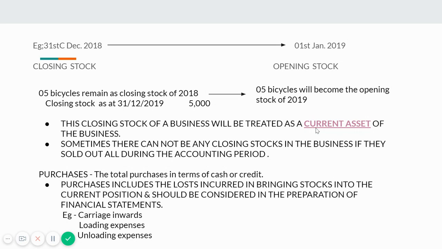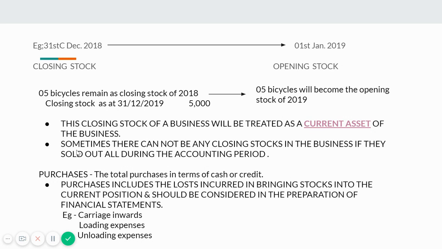We will be keeping them, they will be remaining in our stocks, and that will be treated as a current asset because when the new financial year or the new accounting year starts, the value of the assets is going to change very soon. Therefore, it will be treated as a current asset.